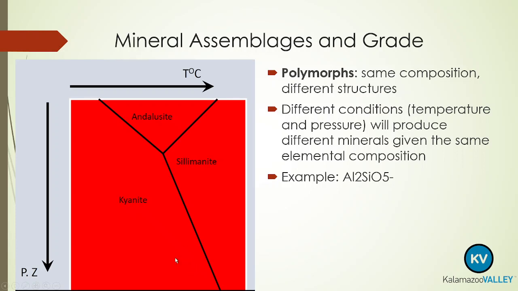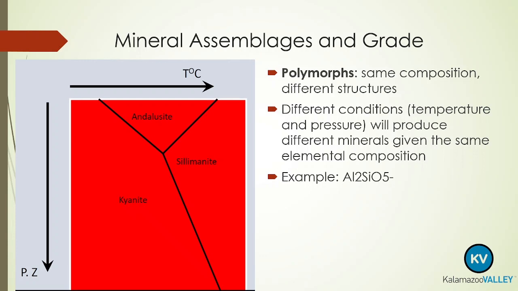And then on the opposite end, at medium to high temperatures and a range of depths or pressures, we can get sillimanite. You guys may have seen some really decorative and beautiful lamps made out of sillimanite crystals if you're walking around the right shops for it.